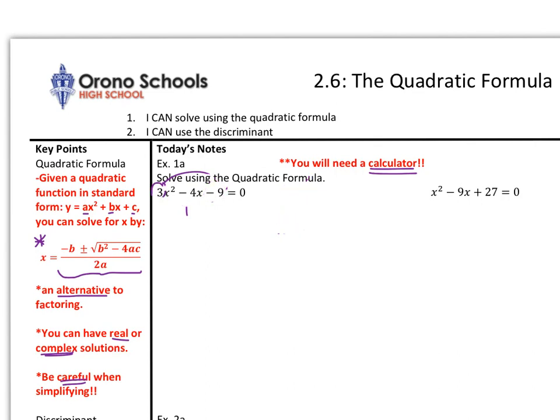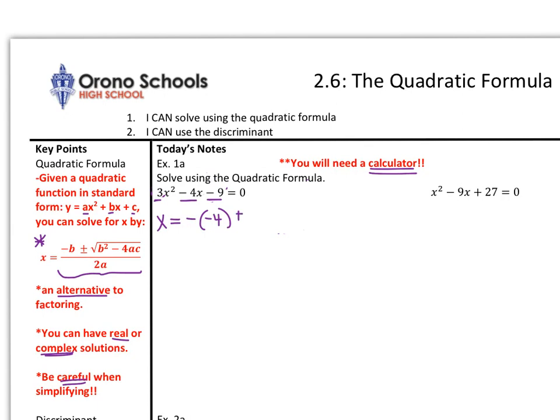So if factoring isn't an option, we'll try quadratic formula. Our a value is 3, b equals negative 4, and c is negative 9. As we plug these into quadratic formula, we'll start off by saying x equals negative b. So negative, and b is negative, so we have a double negative with the 4.